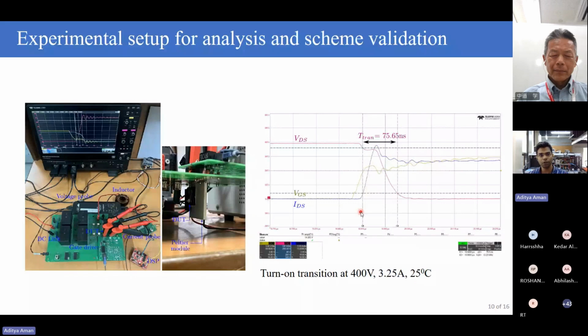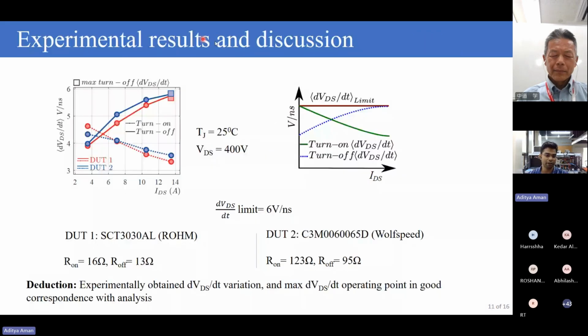The first experimentation results discuss the impact of variation in IDS on dV by dt at a fixed junction temperature of 25 degrees Celsius and a fixed voltage of 400 volts. We have considered two DUTs for this purpose. First is by ROHM and the second one is by Volt Speed. Both of them are rated for 600 volt.